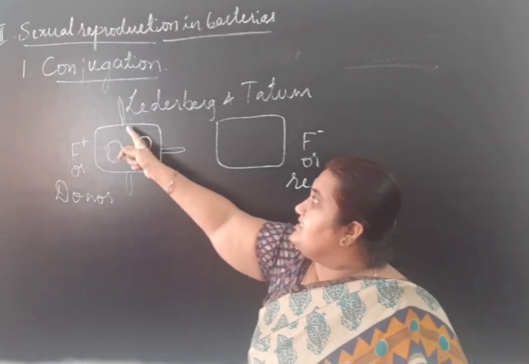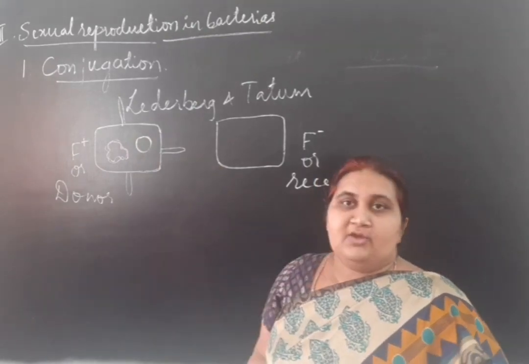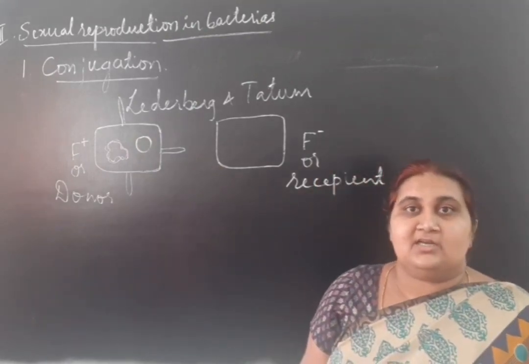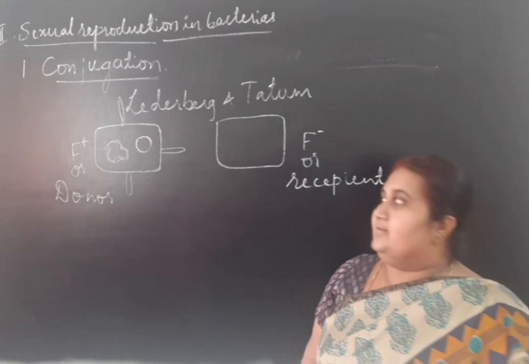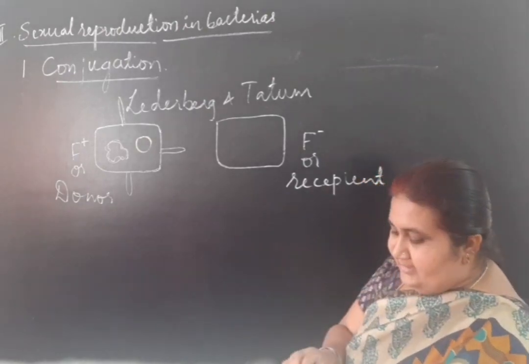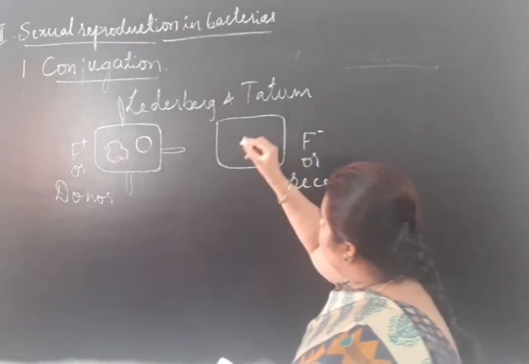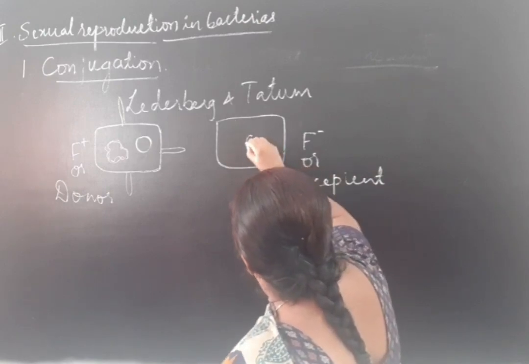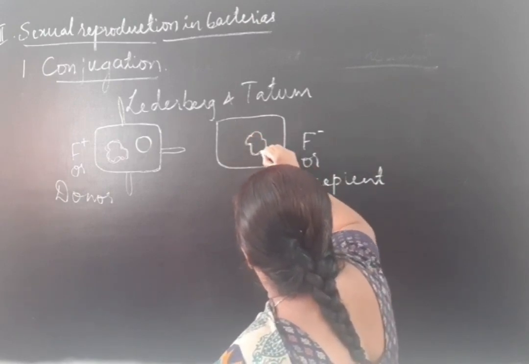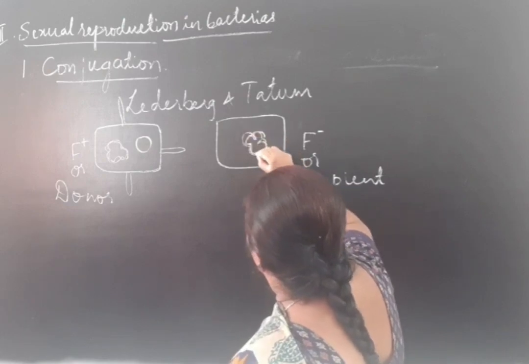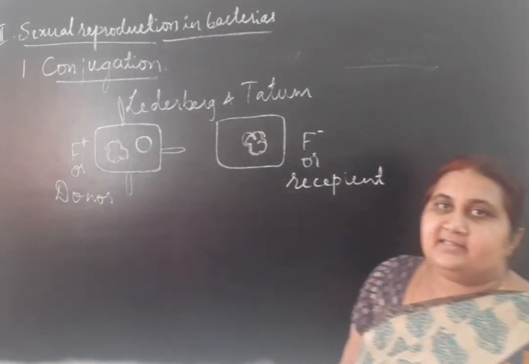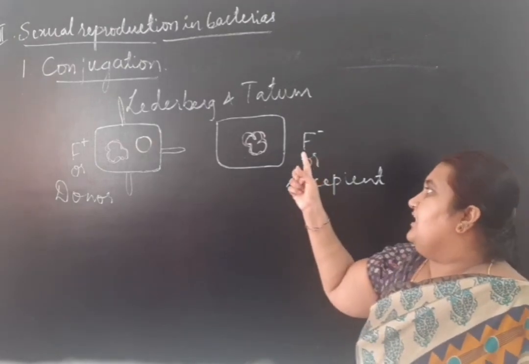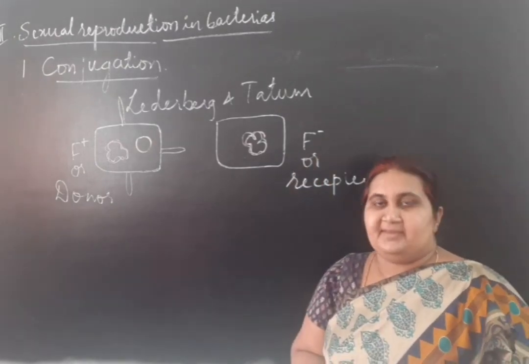And it has pili, a hair-like structure, hollow in nature. Another bacterium is called F minus, or recipient.